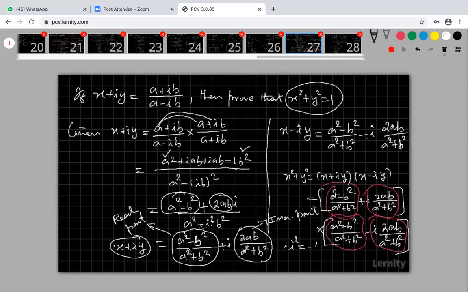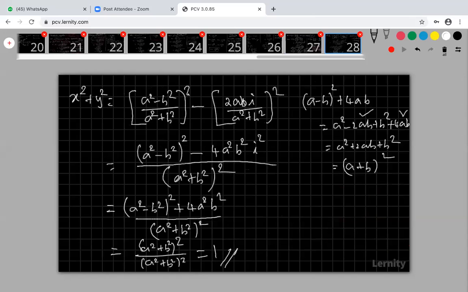Here x plus y, this is my x, this is my y actually. Are you clear? Any other doubt?